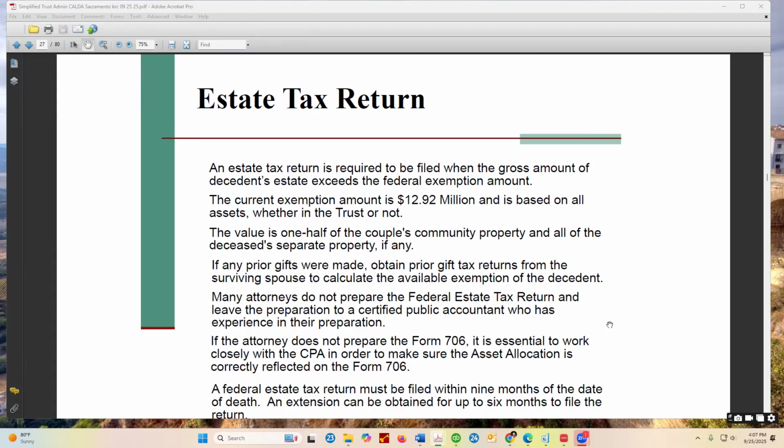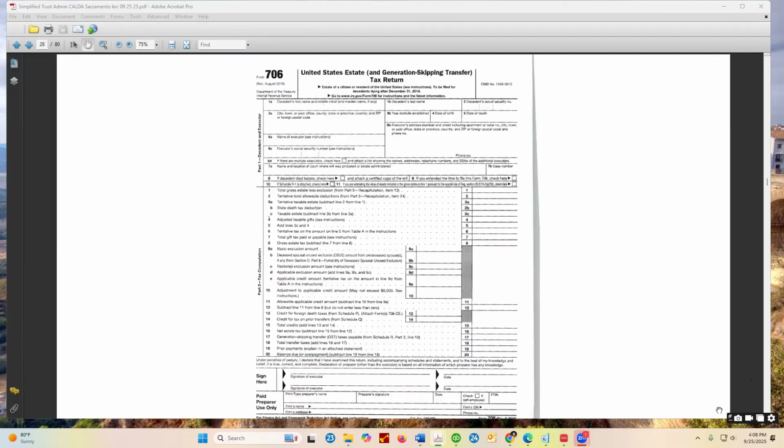Say if it was 5 million and you only had 10 million that needed to be reported, that 5 million that you did not use on the Form 706 can be, they call portability, moved over to the surviving spouse and increases their surviving spouse exclusion from 15 million in this example up to 20 million. So it just applies in certain circumstances.